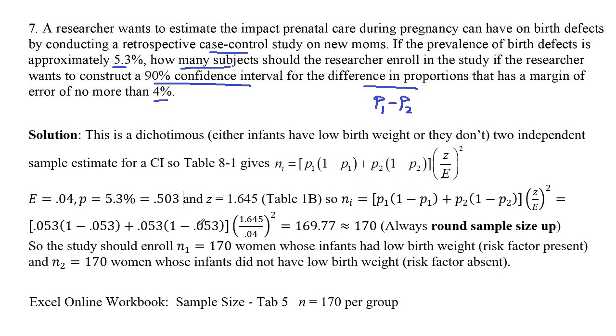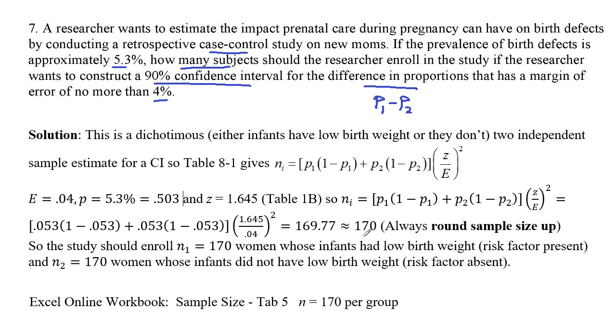And our Z value that goes with 90% confidence from table 1B is 1.645. P1 and P2 are both the same. They're both 5.3%. And so we have everything, so we make the substitutions here and compute, we get 169.77, rounds up to 170.